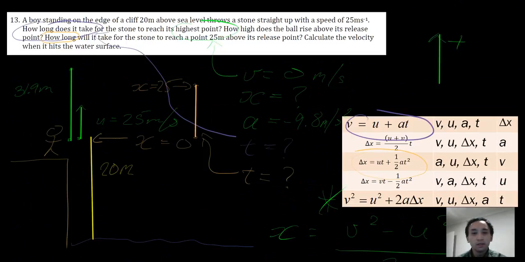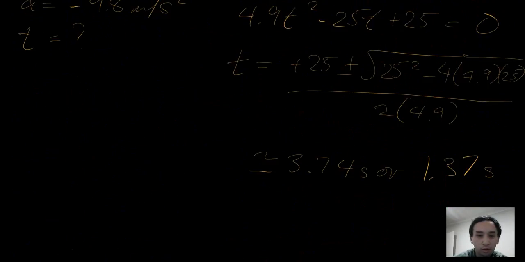If you want the stone to be 25 meters above the ground, so not above the ground, above this release point over here, where this chap is throwing up the rock, this means that there's two possibilities for this stone to reach 25. First of all is the journey up. So maybe we'll just draw the diagram over here. If the release point is here, this is where x is equal to 0.